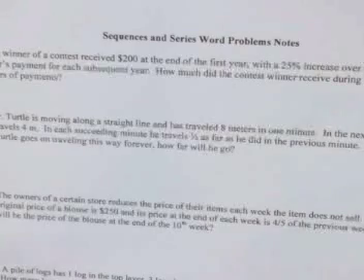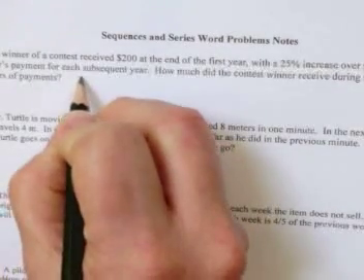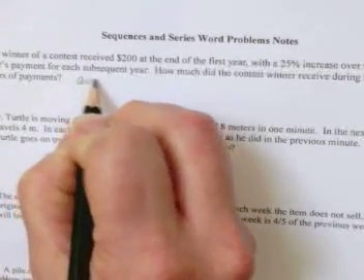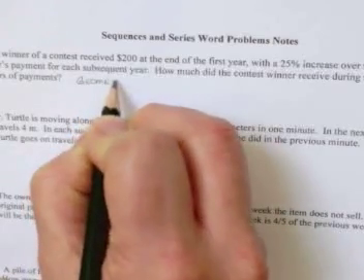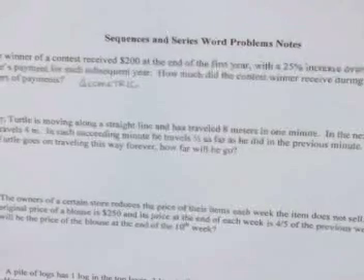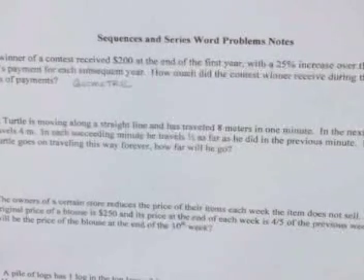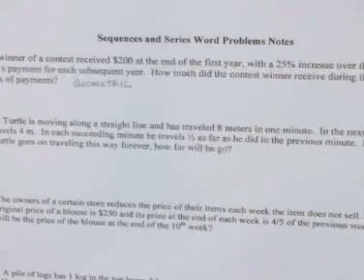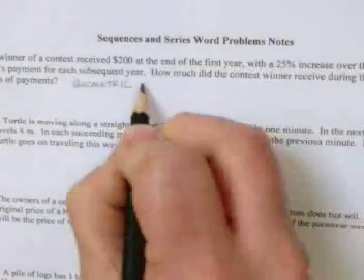So what I notice is this is geometric. So I know I want to choose one of my formulas for a geometric sequence or series. And I also notice that they're asking me to add up how much she received during the first 10 years of payment.